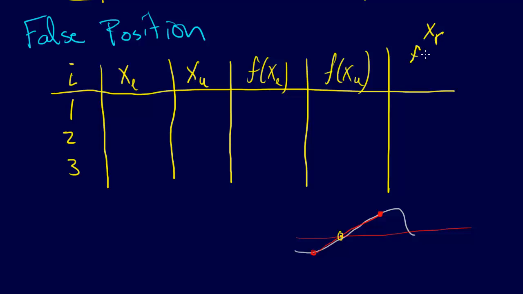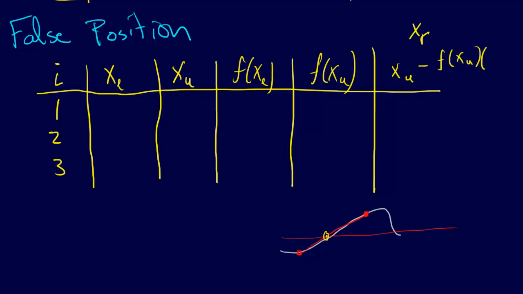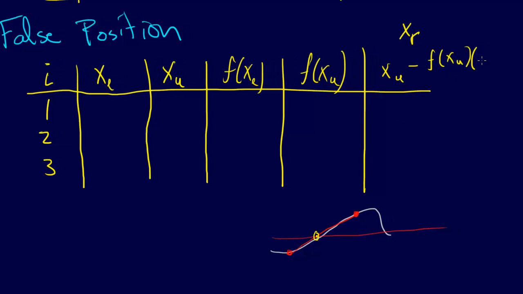So that's just going to be xr equals xu minus f of xu times xl minus xu, divided by f of xl minus f of xu.